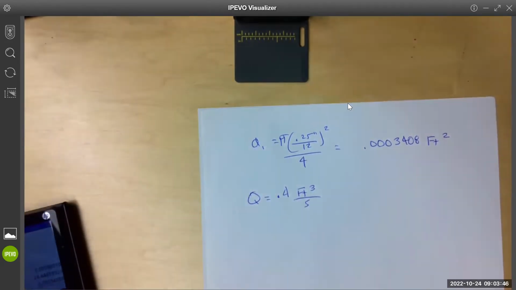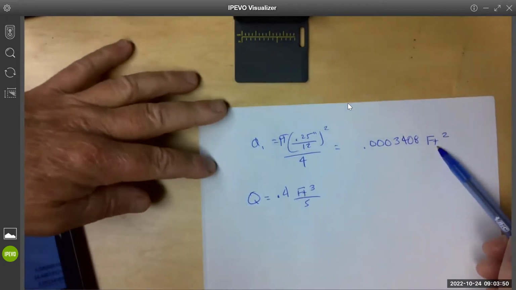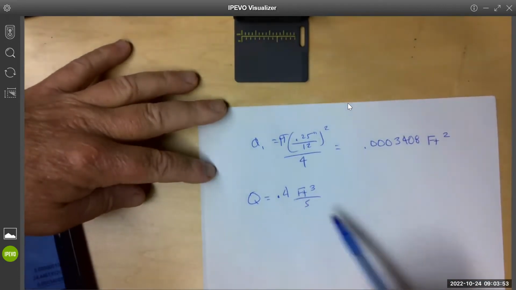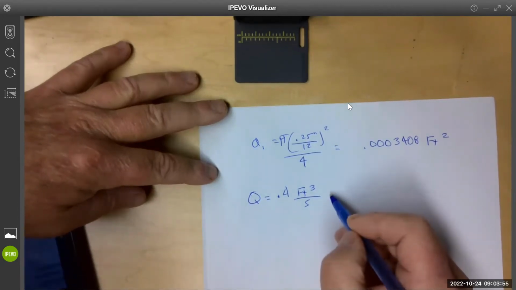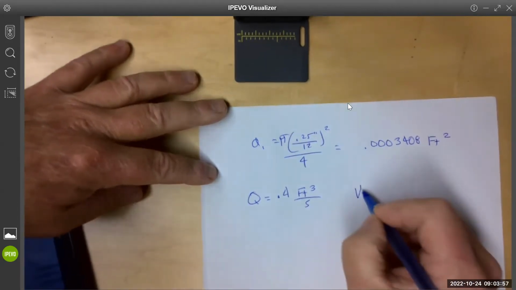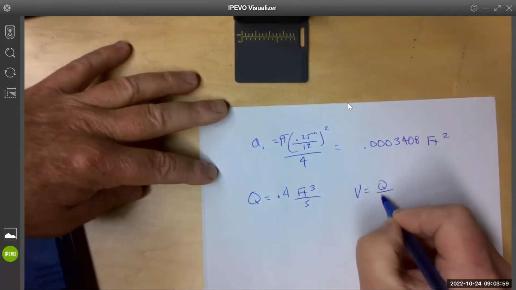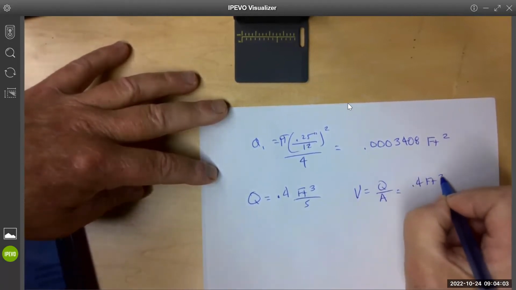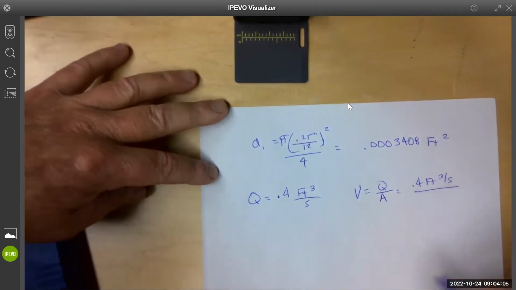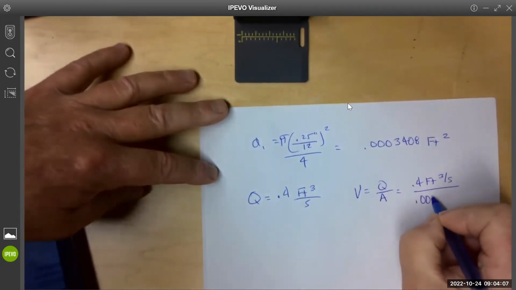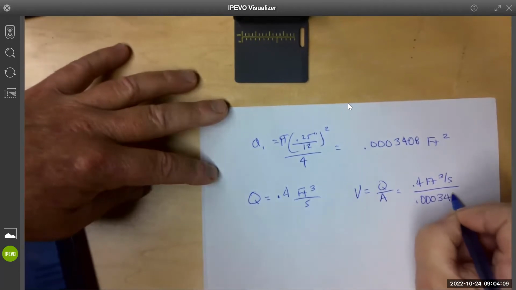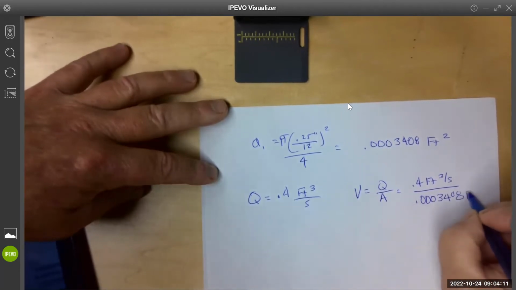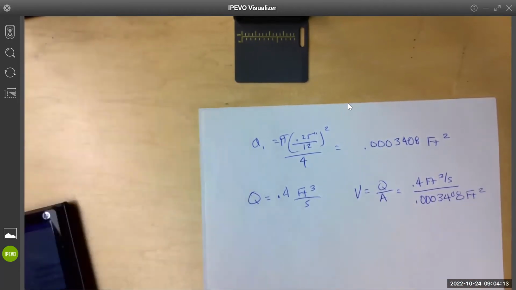That was given, right? So since this is our area, we know that we can take Q divided by area to get velocity. So velocity equals Q divided by A. So 0.4 feet cubed per second divided by 0.0003408 feet squared. That'll give us a velocity in feet per second.